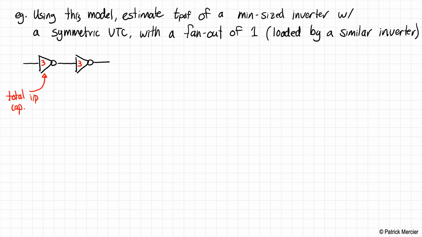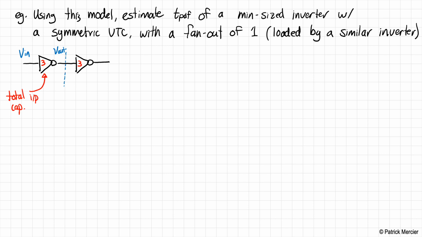Looking into the gate of this inverter, we have 3C of input capacitance. We're going to do things like that all the time for the duration of this class. Now we're specifically interested in figuring out the V in to V out falling edge propagation delay.